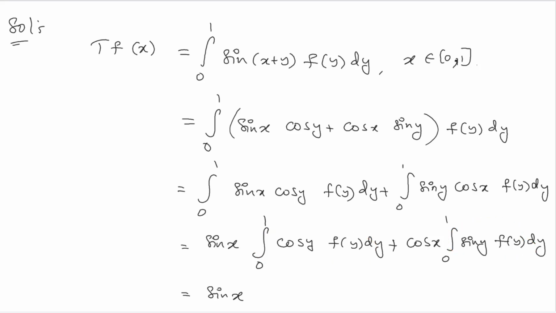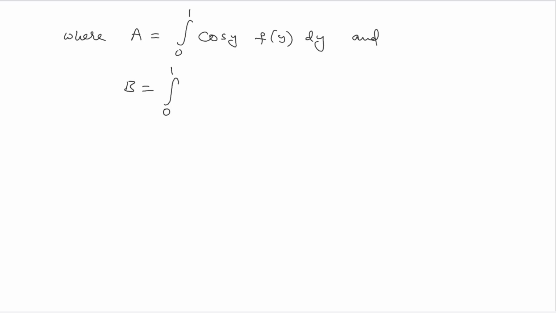I am assuming these finite values as a and b, which are independent of x and y, where a is integration 0 to 1 cos y f(y) dy, and b is integration 0 to 1 sin y f(y) dy.